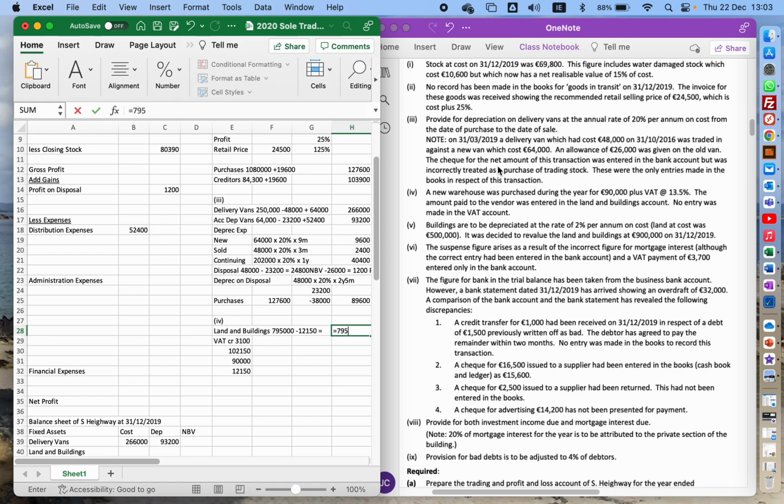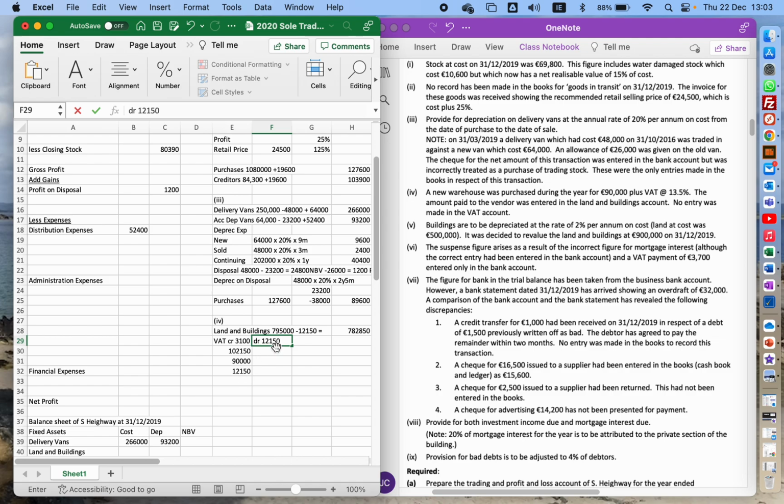So 795 minus 12,150. Now my VAT figure. VAT currently is a credit of 3,100, so I'm going to reduce that by putting a debit of 12,150.